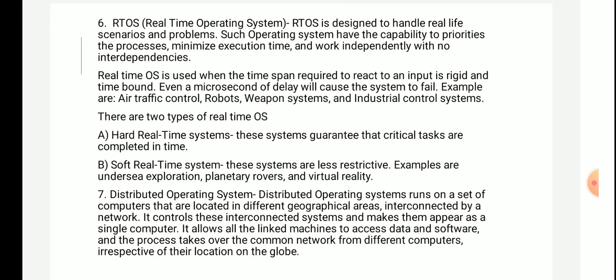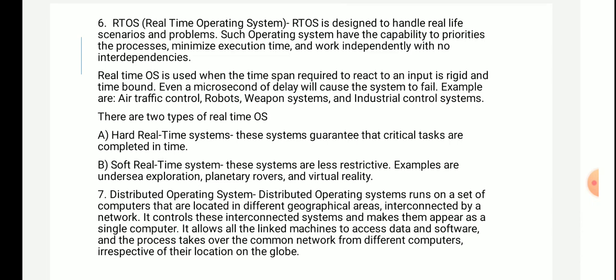So we use this type of operating system in certain places where we are time-bound to do a particular task. Let's say, for example, air traffic control. Even a single second of delay matters, because they get all the information, even to the nanosecond, about where the bird is flying from.